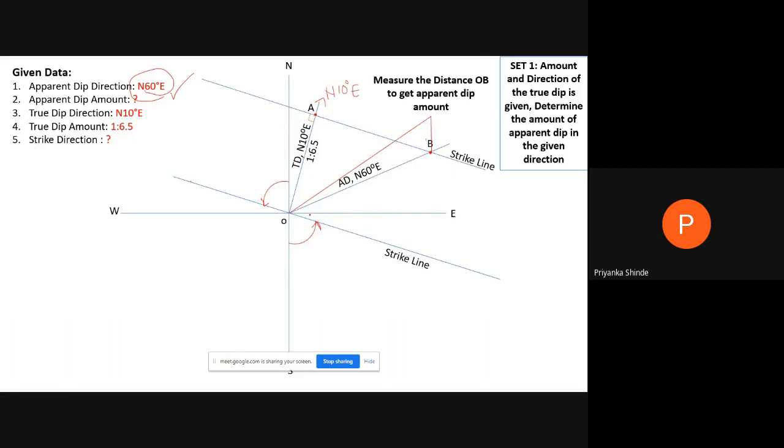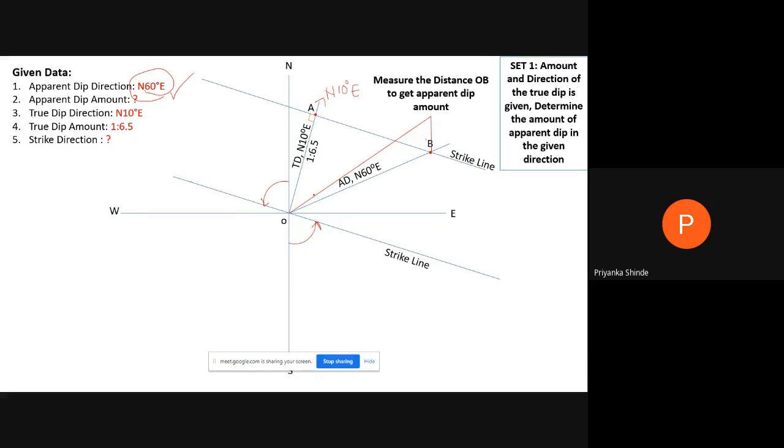So always remember, any angle which is in the first and fourth quadrant, we measure from north, and any angle in the second and third quadrant, we measure taking south as 0, and the top angle we are getting we measure as north as 0.